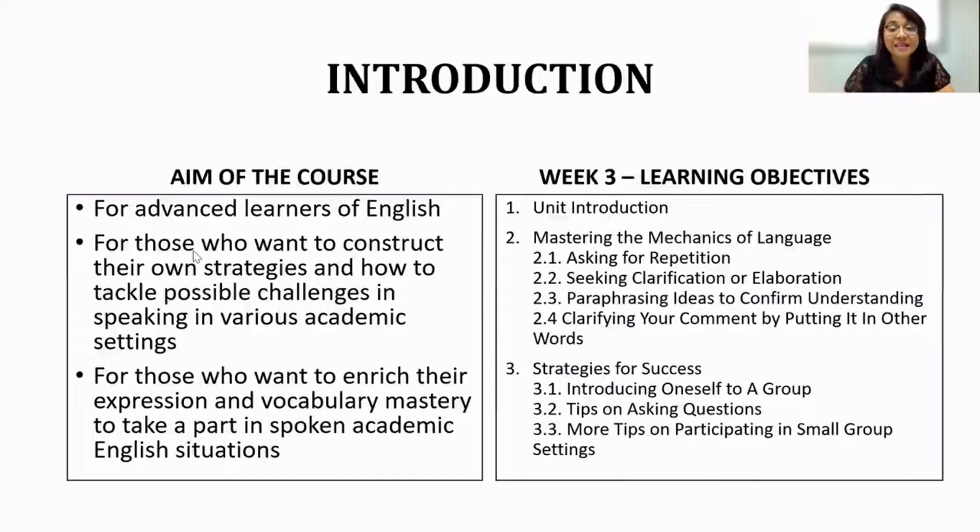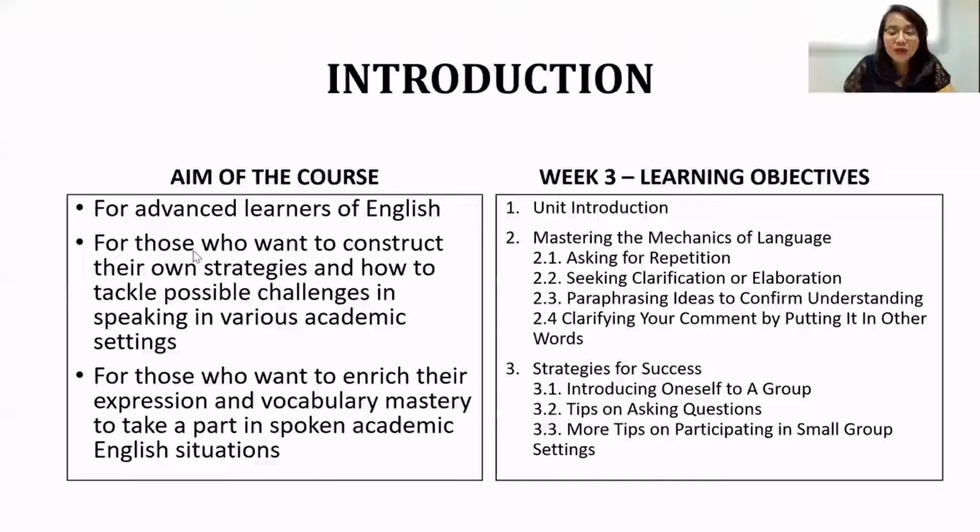So as I said in the previous lecture, this course is designed to help you improve your ability in English for academic communications from a very small setting to the larger ones. In the previous lecture, we discussed interpersonal communication, how to engage in that.